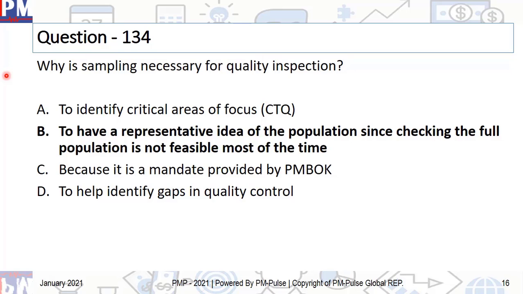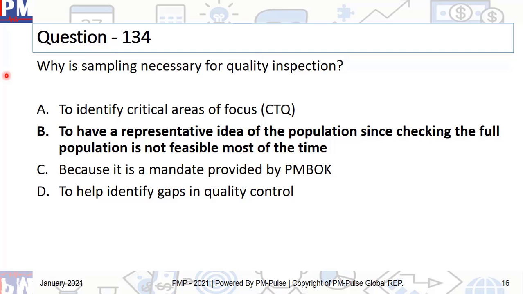I'm pretty sure you got this right. To have a representative idea of the population, since checking the full population is not feasible. By population, I don't mean the actual population of people. Sometimes it is. Yes, basically, population means checking everything. Right, so if you're producing matchsticks, all the individual matchsticks in all the match boxes is called the population, right? So would you like to check all of them? Right, it's not feasible.